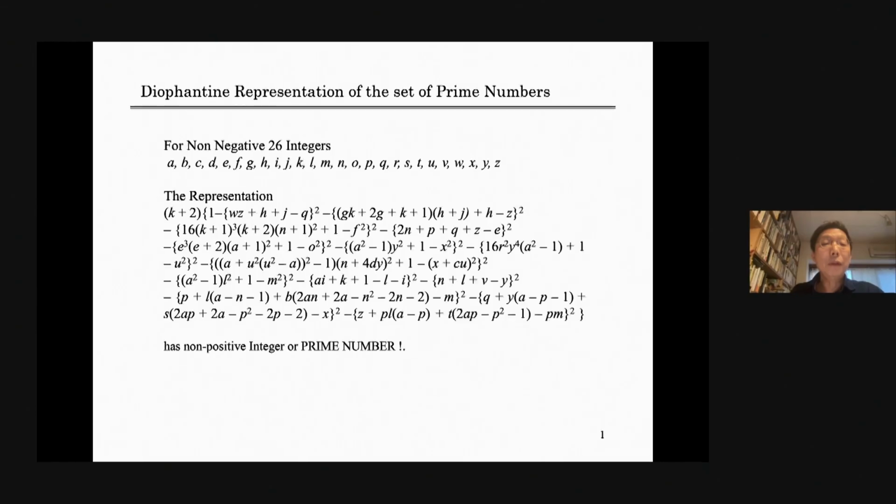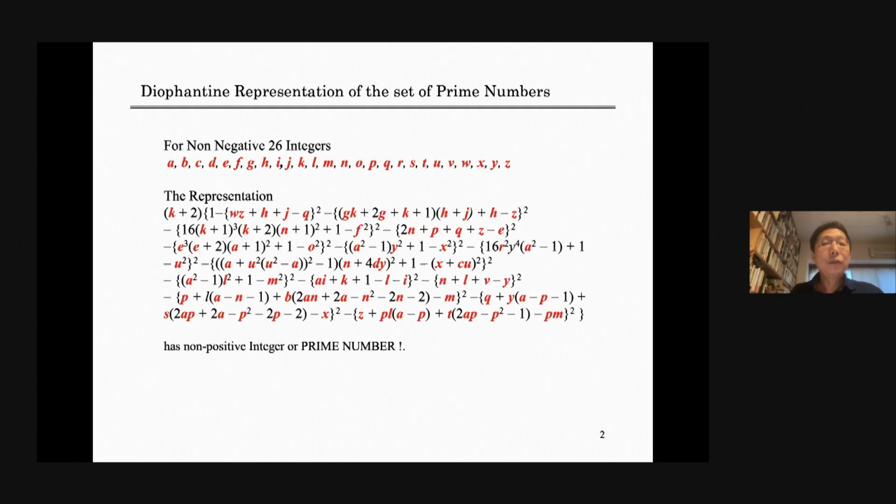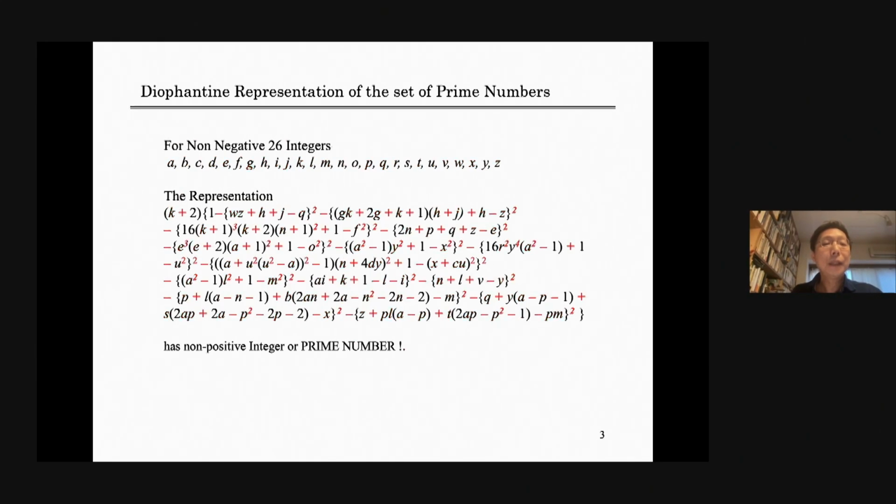The famous formula, maybe you are familiar with it, is shown here. It has 26 non-negative integer variables from A to Z and is comprised of the operations of addition, subtraction, multiplication, and exponentiation.